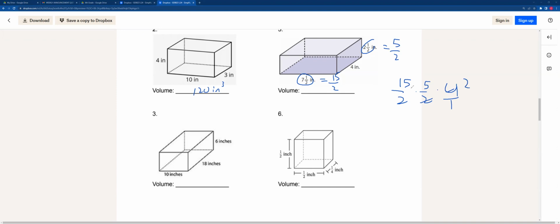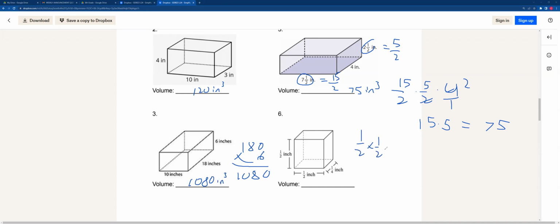And that would be 15 times 5, which is 75. 75 inches cubed. For this one, 180 times 6, 8,000. 1/2 times 1/2 times 1/4, we'll get 4, and then 4, so it's 1 over 16 inches cubed.